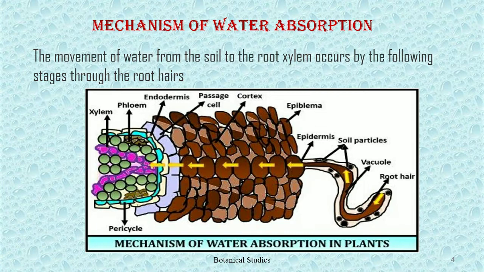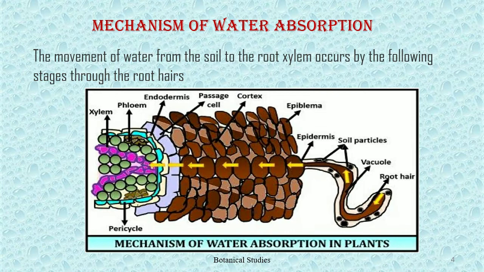After entering into the root hair, the water will cross the epidermis of the root system. Then the water will move from the epidermis to the root cortex. From the root cortex, the water will then move to the endodermis. Then water moves from the pericycle to the root xylem, protoxylem and metaxylem.